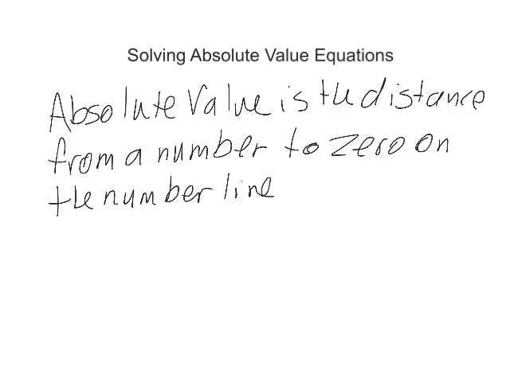And distances are always written as positive values, so if you take the absolute value of 4, you get 4.